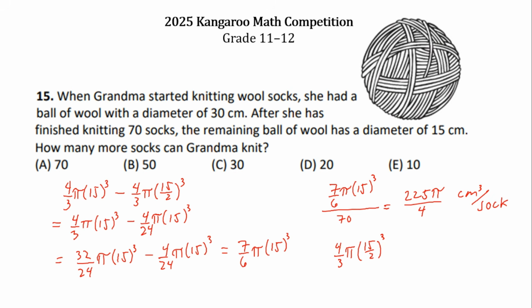If we divide this one by 225 pi over 4, we get 4/3 pi times 15 over 2 cubed times 4 over 225 pi. Now if we cancel common factors, we must get 10. Alright, so the answer is option E.